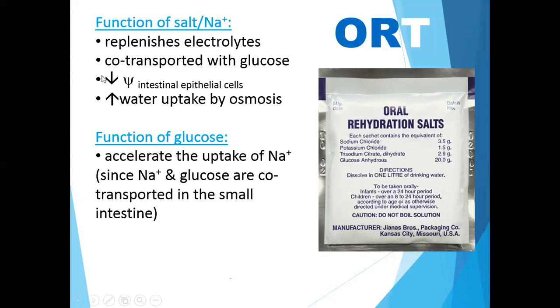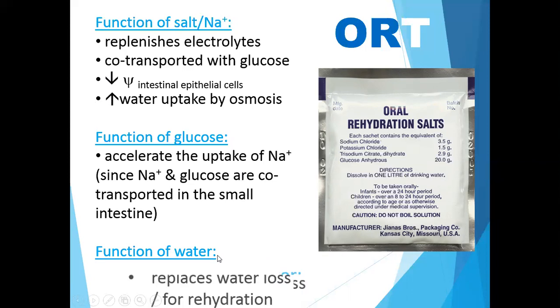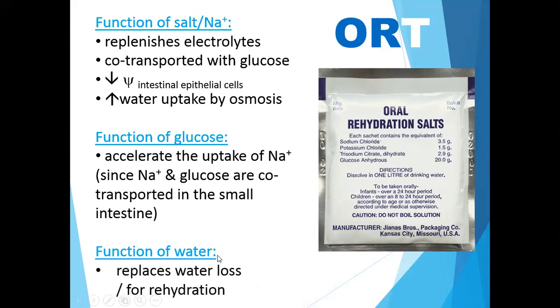That will lead to a reduction in water potential and an increase in water uptake by osmosis. Okay, now what about the function of water? Of course, it's for rehydration, to replace the water that's lost.